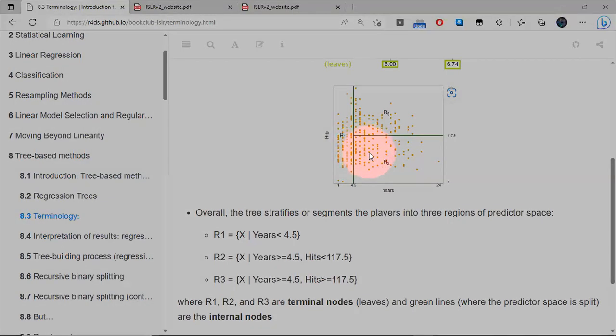So in this rectangle, the predicted value would be the mean of the salary corresponding to these dots over here. Similarly, for this other region, R3, the predicted value for every observation inside this region R3 would be again the mean of the salary corresponding to these dots in R3.